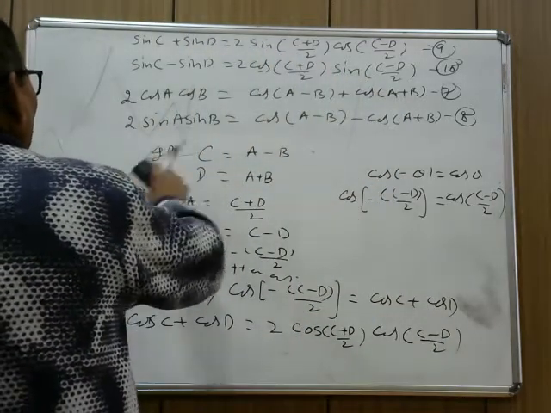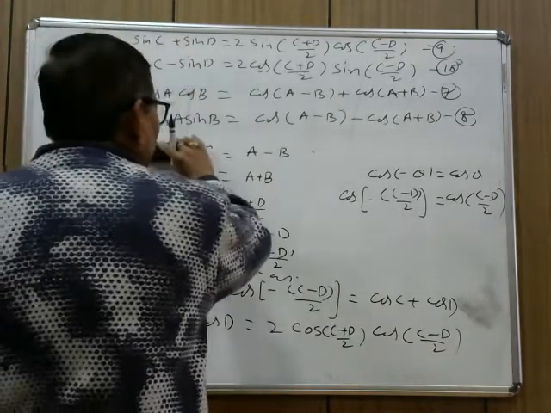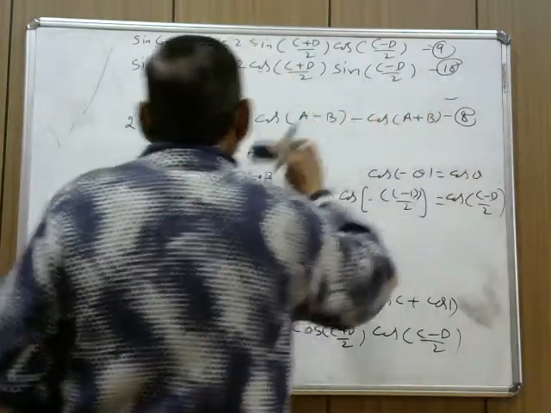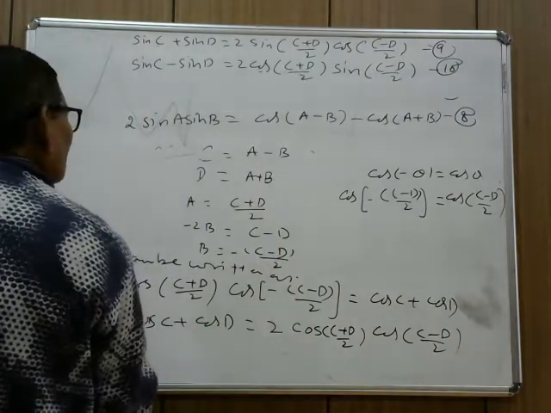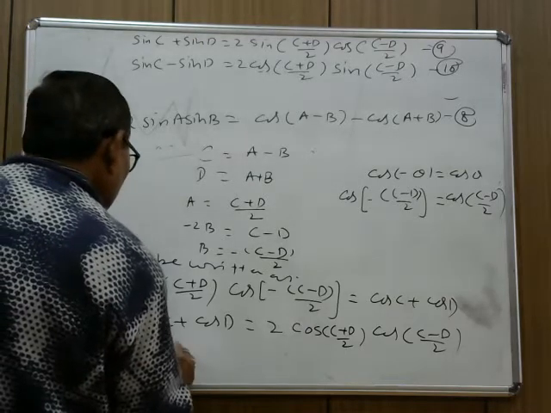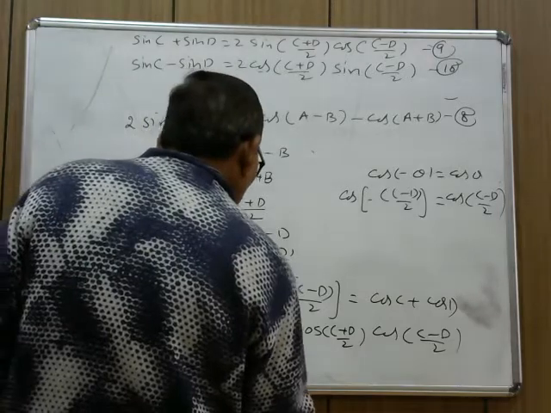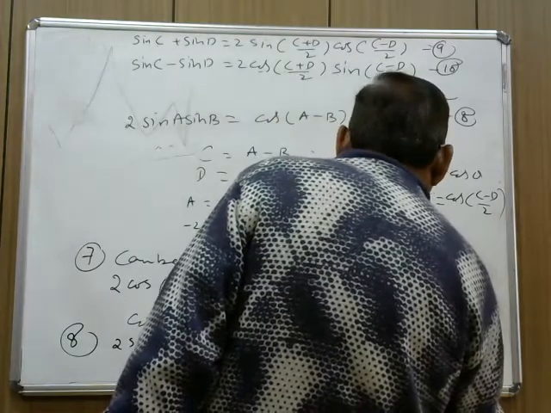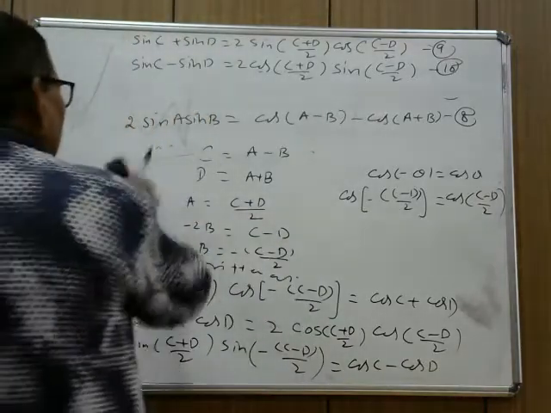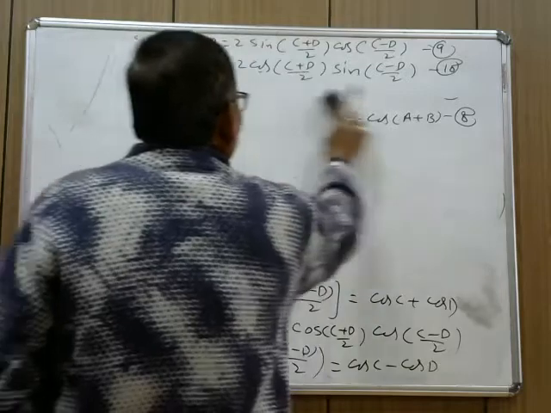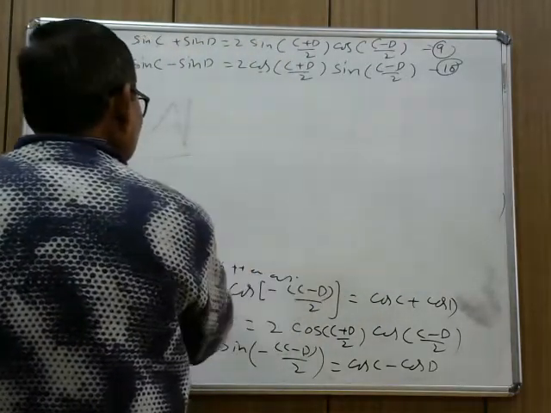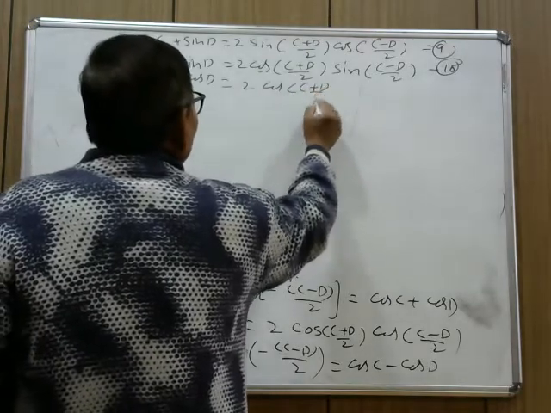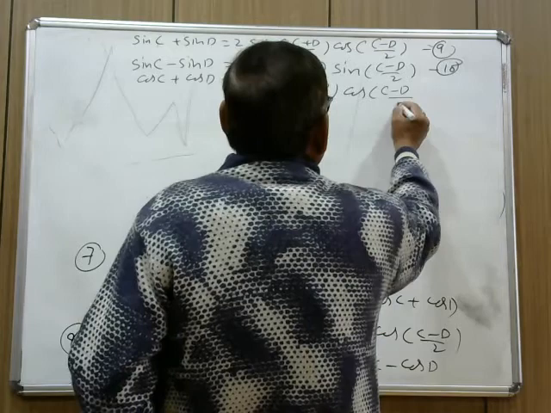Now in this case, when you assume this result, we can write 2 sin (C plus D)/2 into sin of minus (C minus D)/2 is equal to cos C minus cos D. So in this way, cos C plus cos D can be written as 2 cos (C plus D)/2 into cos (C minus D)/2.